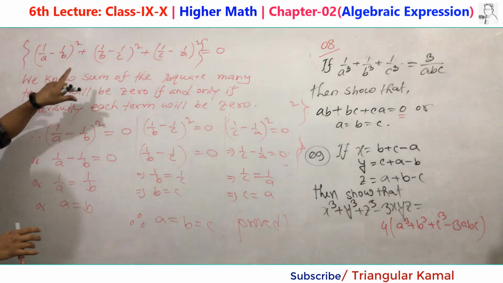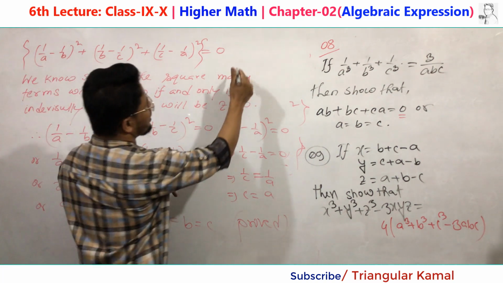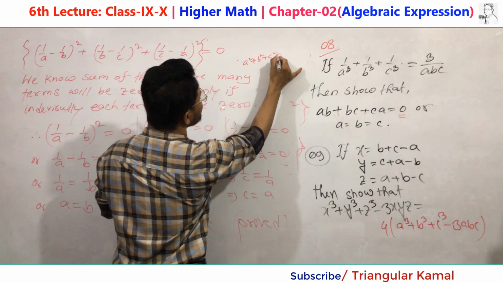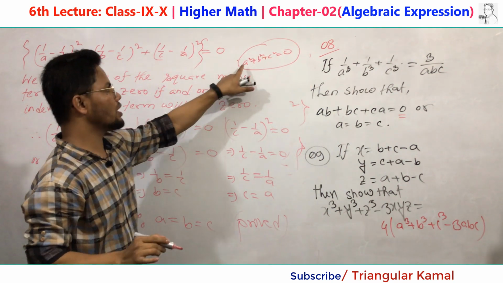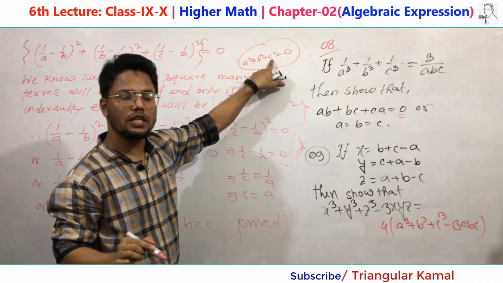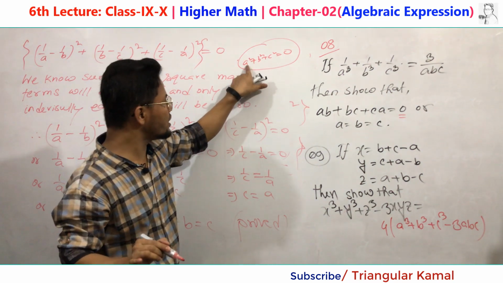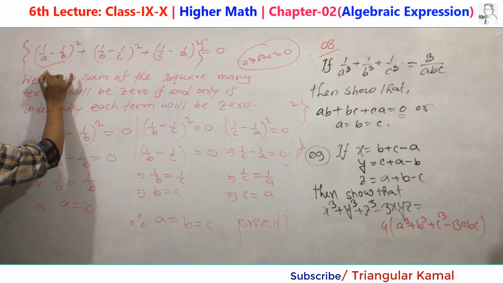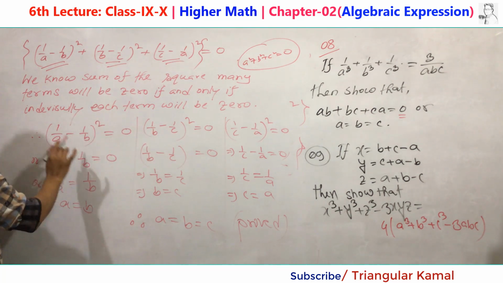But what we see inside the second factor, this one first, second, third, and if a square plus b square plus c square equals 0, it will be possible if and only if each term is 0. Otherwise, the sum of the squares of many terms is never 0. And it's only possible when each term individually is 0. This is the formula. So here first term, second one and third one, and each term individually is 0.